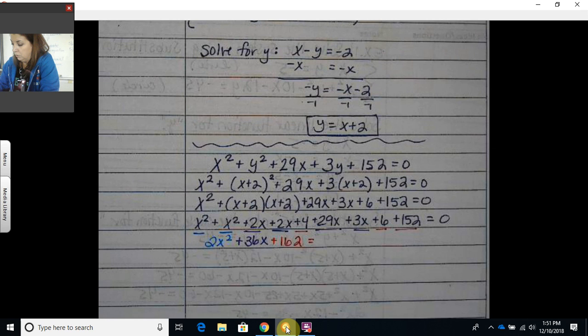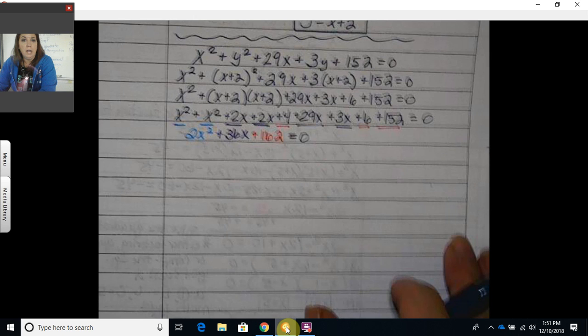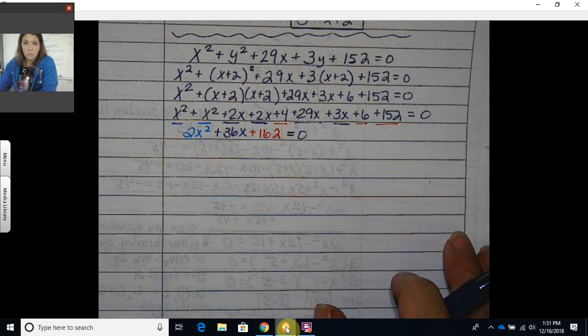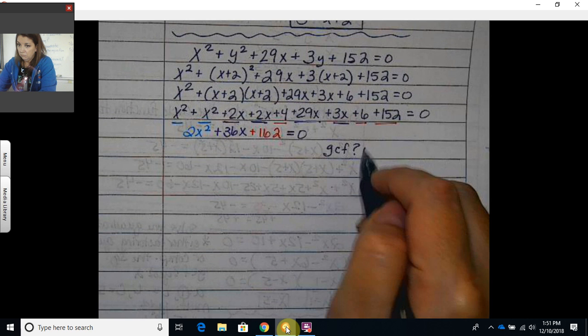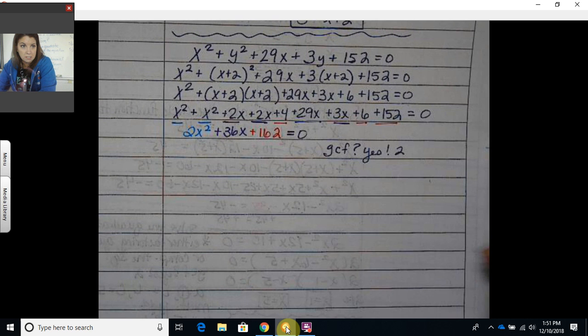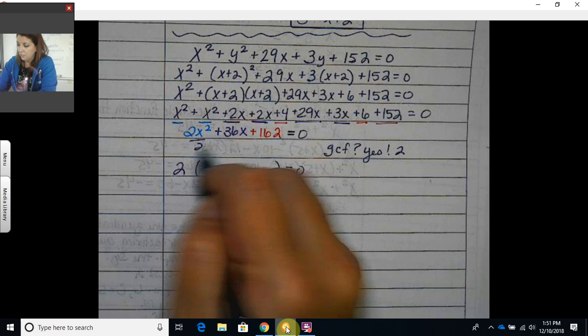Alright, I created a quadratic again, right? We know how to solve a quadratic. I can try to factor, or I can use the quadratic formula, or complete the square. I'm going to start with factoring. Is there a GCF? What is it? 2. And I'm going to speed this up because time's a ticking. So if I factor out a 2, we know we divide every term by 2 when we factor out a GCF.